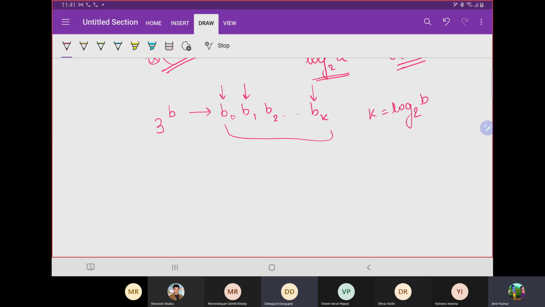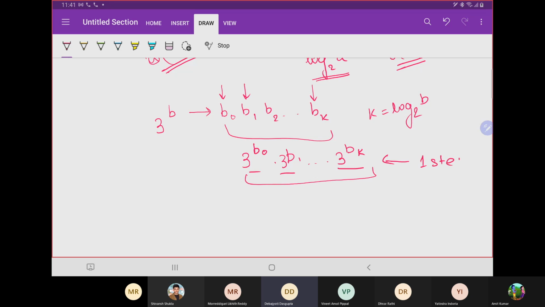You must understand that for taking the product of 3 power b0 into 3 power b1, and so on up to 3 power bk, this is a single step. Once we have these pre-calculated, this product can be done in only one step.